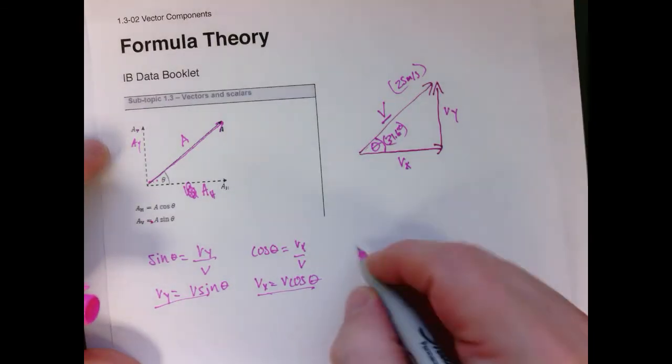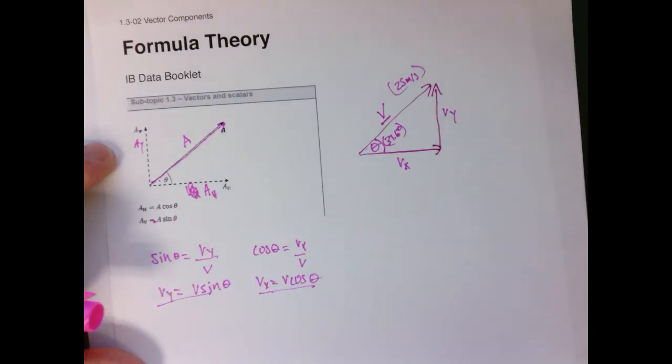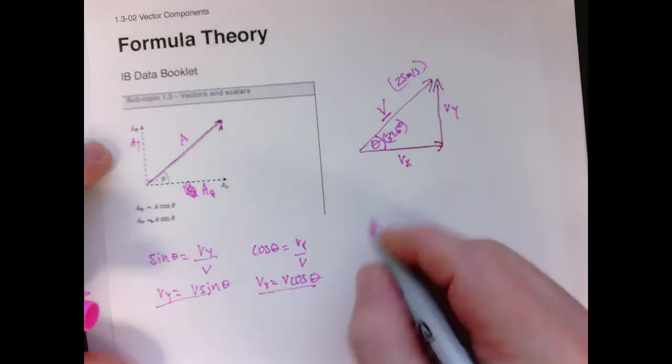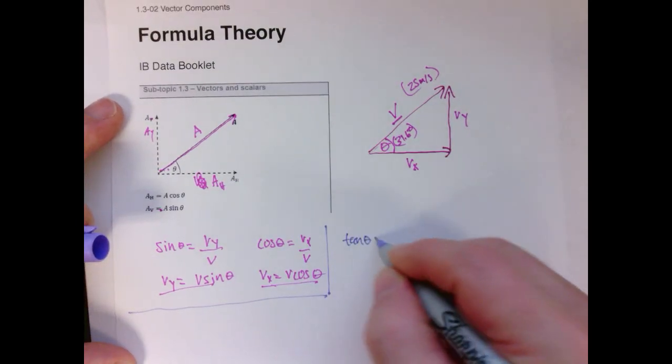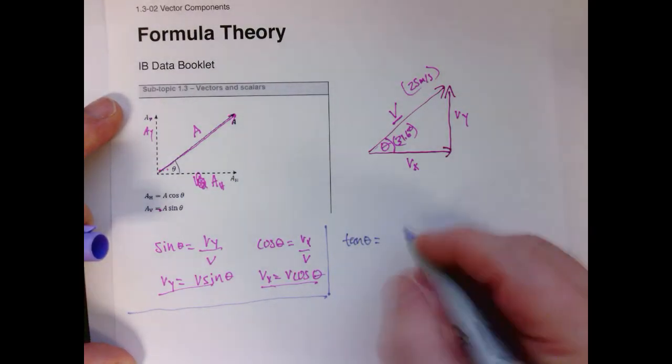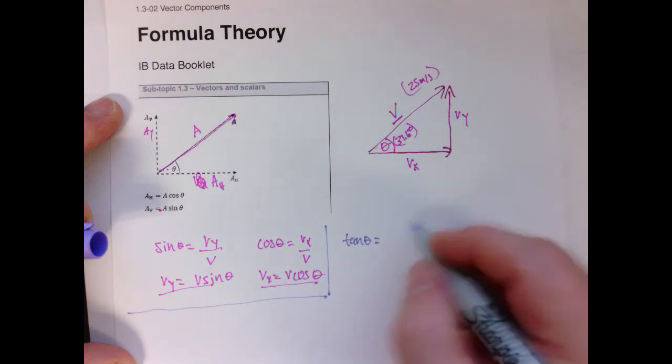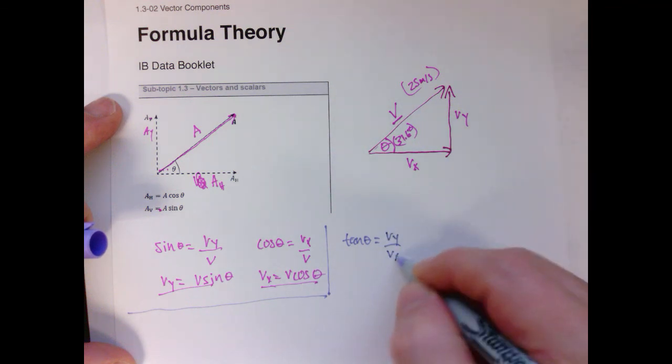Now, some of you may wonder, how does tangent come into play here? There's an interesting algebraic turn of events that will bring things full circle. So this is really the entirety of what we need to understand. Let's say tan theta. Tan theta is opposite over adjacent, Vy over Vx.